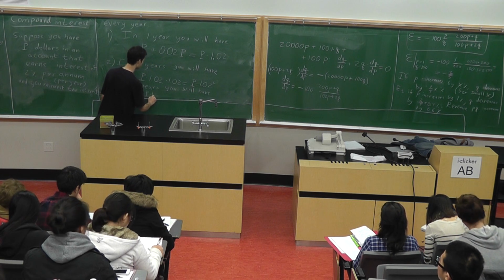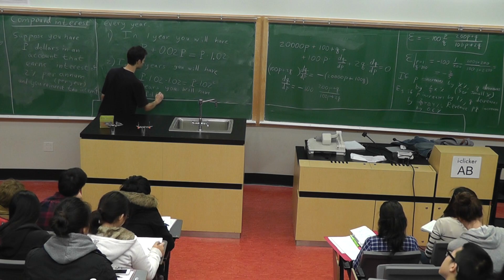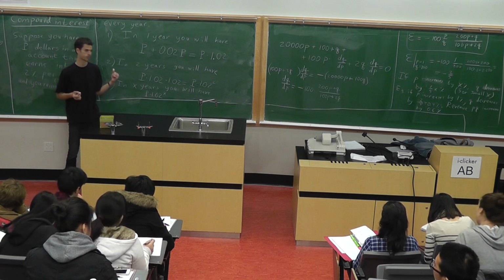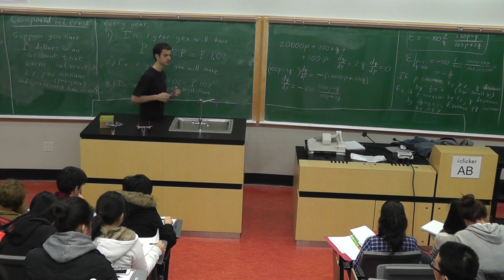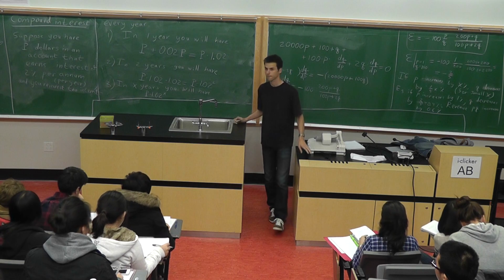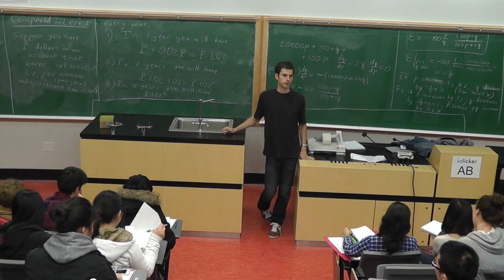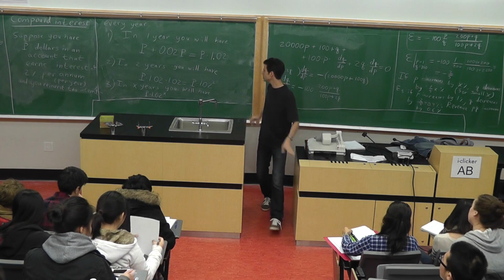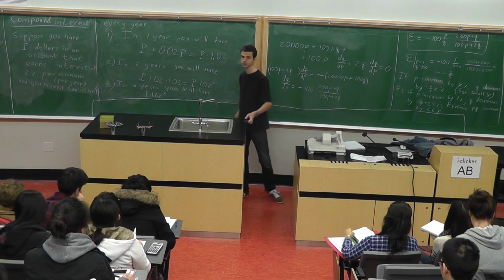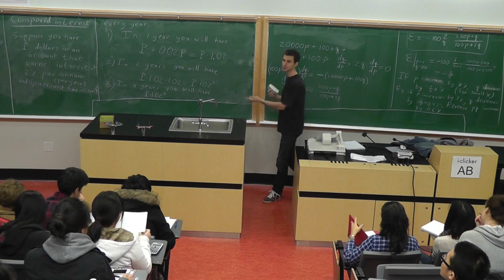So every year it will get multiplied by 1.02. And this will repeat itself for X years. So the final answer would be P times 1.02 to the power X. Okay, so this is really just common sense, nothing interesting happening here. We just will do some simple arithmetic.